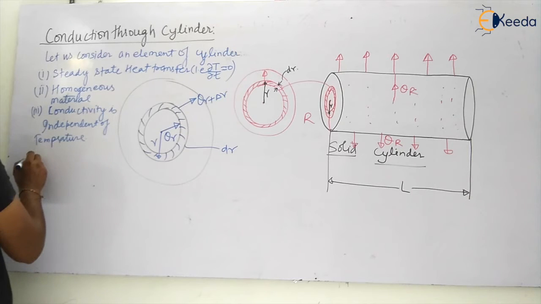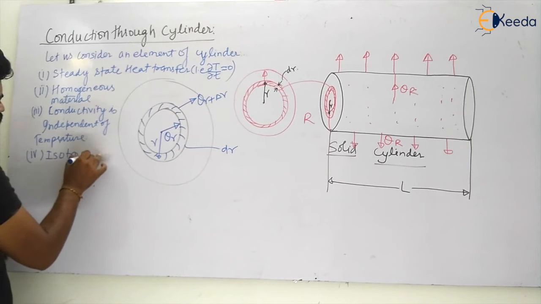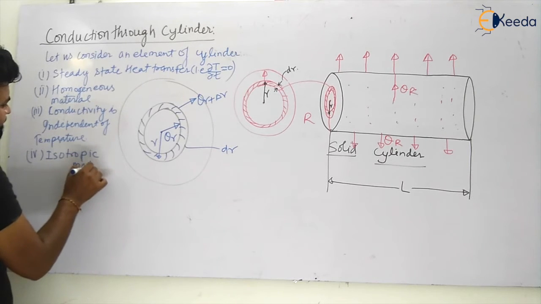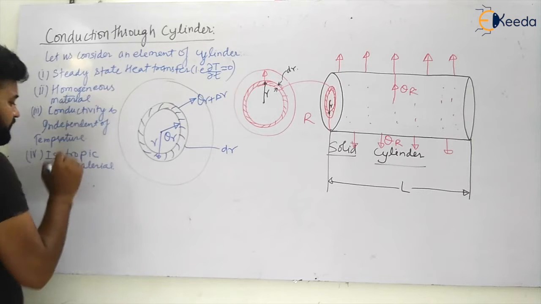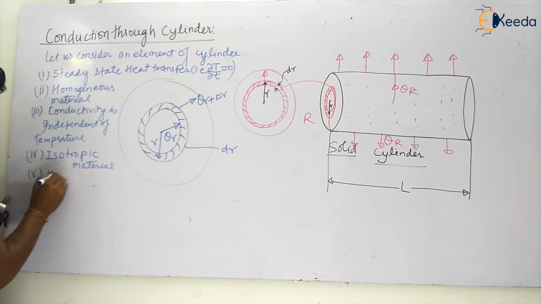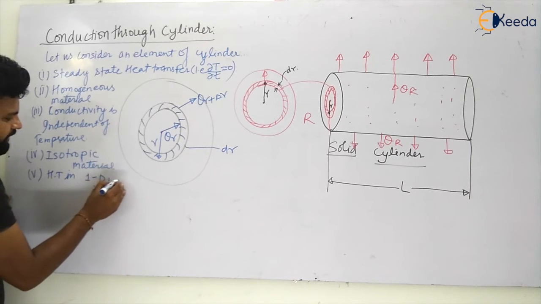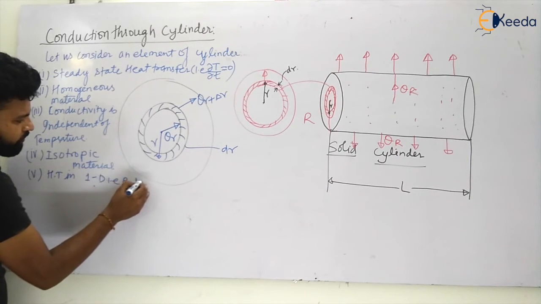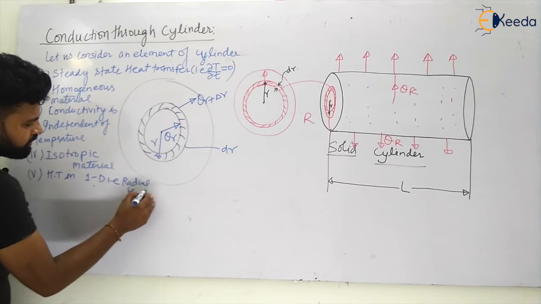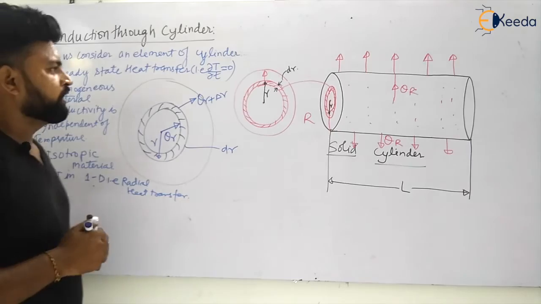Number four, isotropic material. And the last one is very much important, which is heat transfer in one dimension. That is radial heat transfer, my dear students.